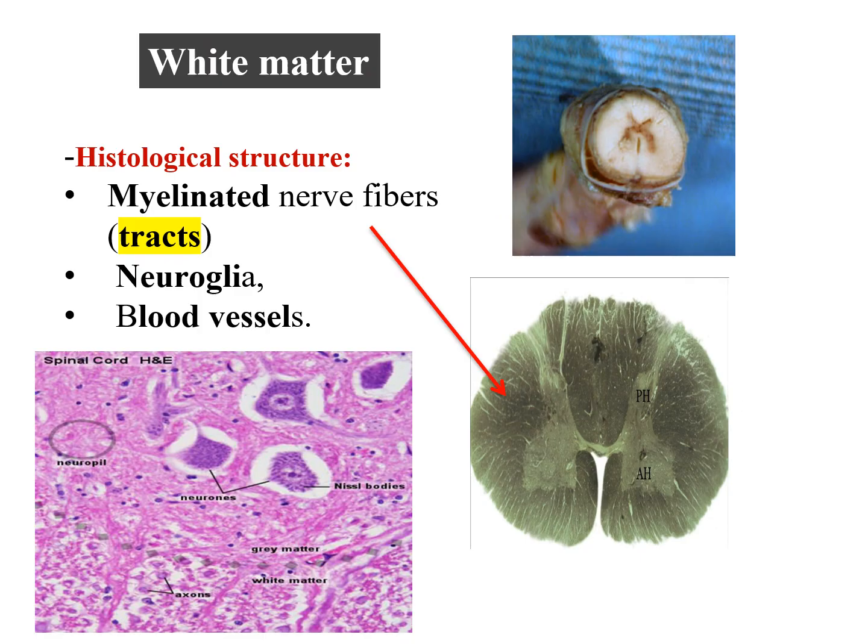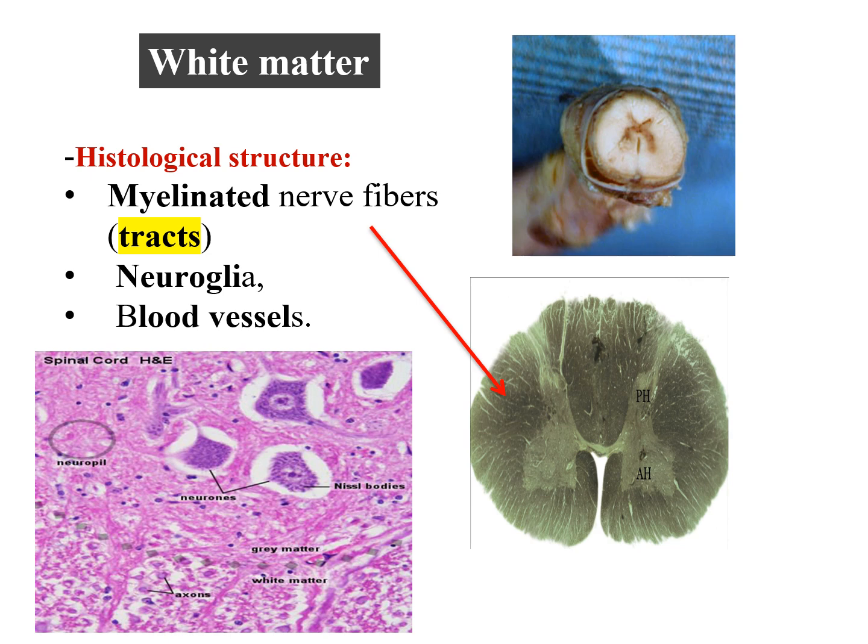So let's discuss white matter. About the histological structure of the white matter, as I have mentioned before, it is white in color because of a high proportion of myelinated nerve fibers inside. Containing what?